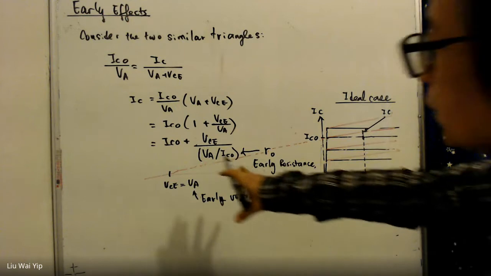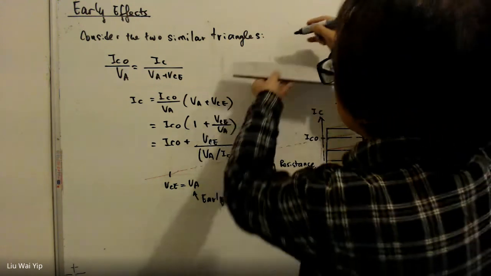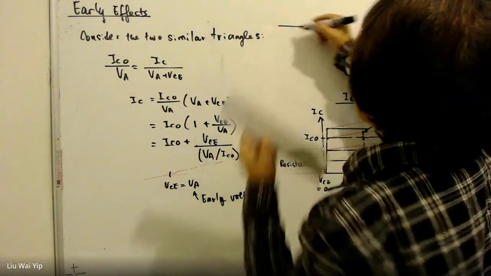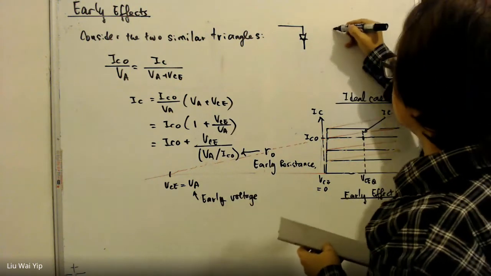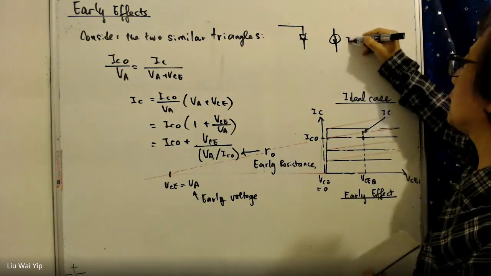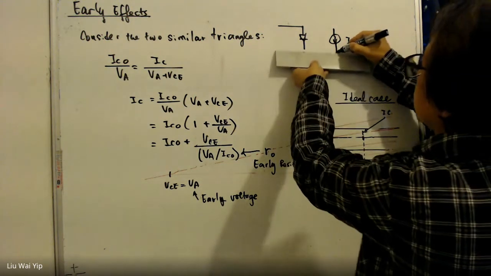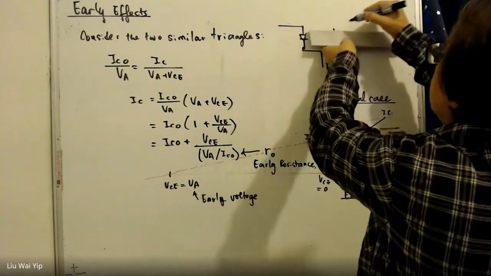So if you are going to represent this as a model, then it will be like here: a diode, and then a current source, and the current source is IC0.